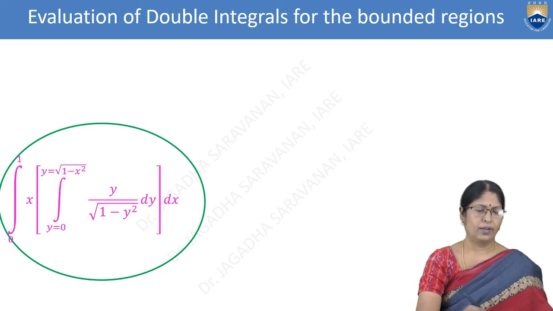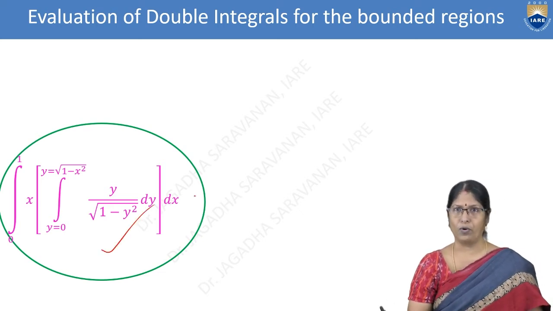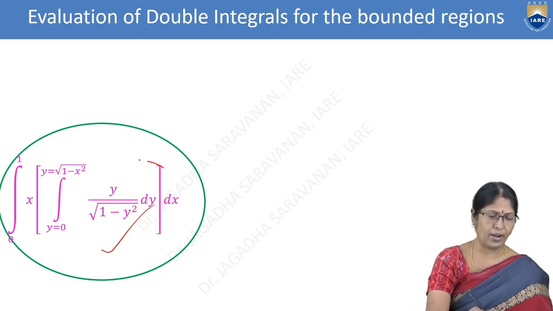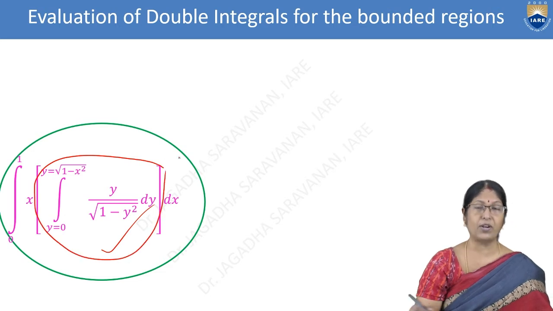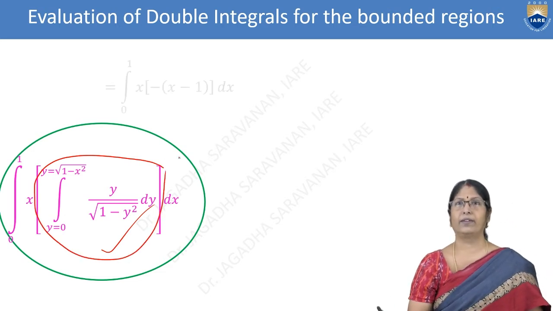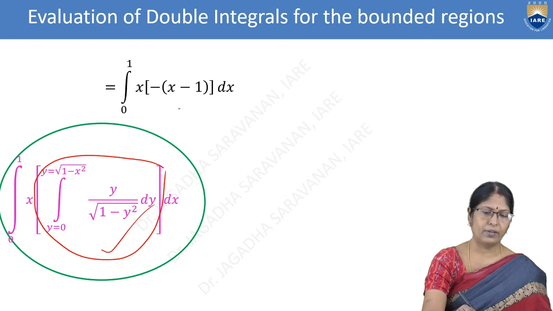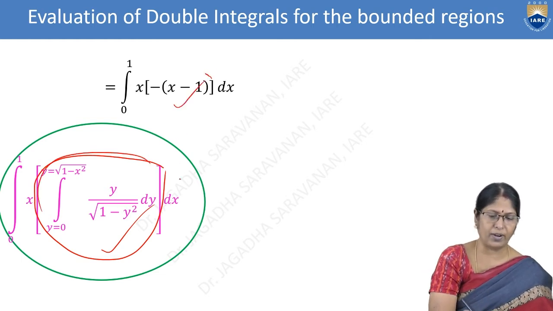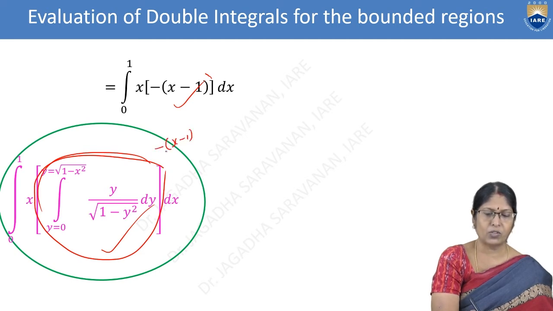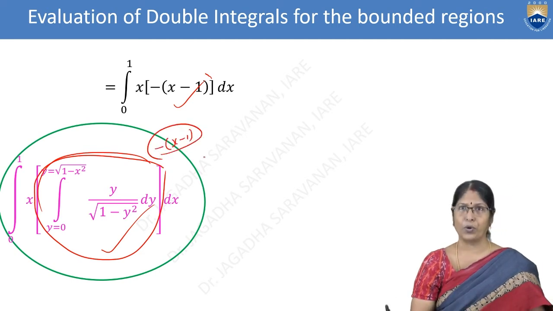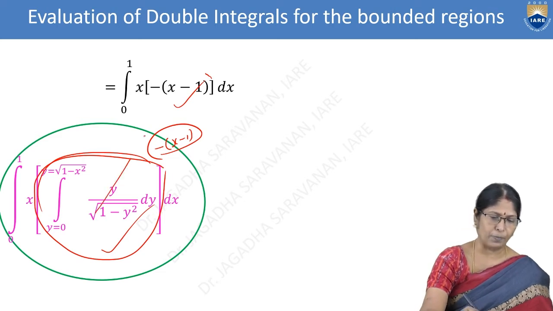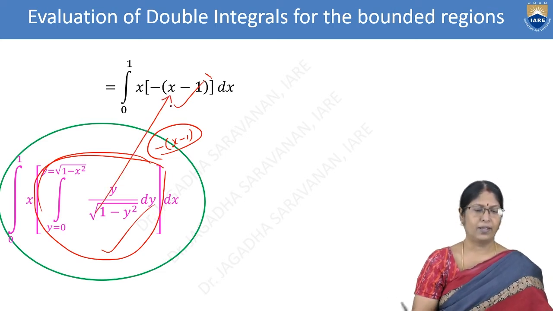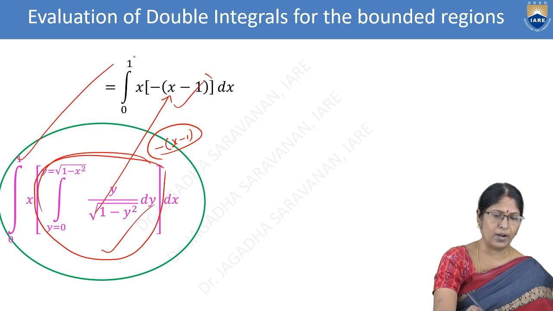Now, this is the integration we are focusing on. We have taken this interior integration separately, and this is the result we got: for this particular thing, the result is minus of x minus 1. So we substituted that in this place. The leftover is written as it is.